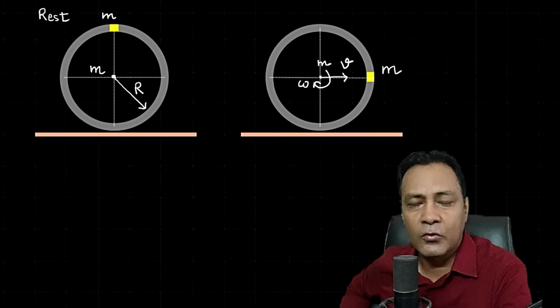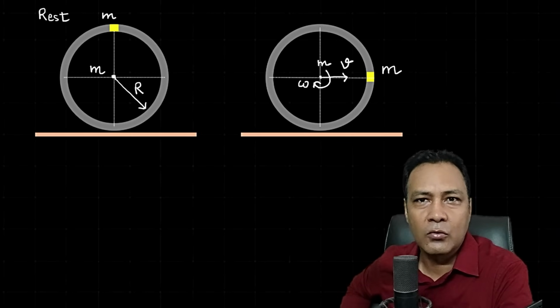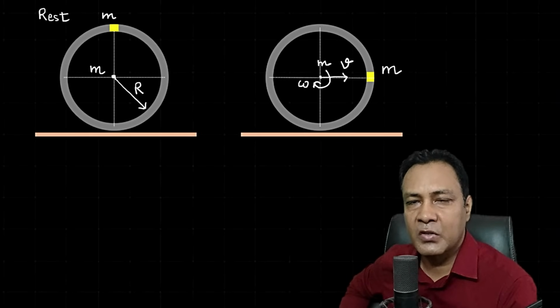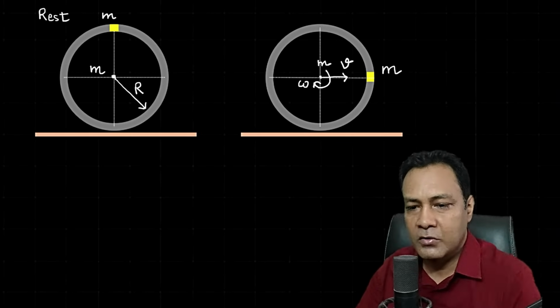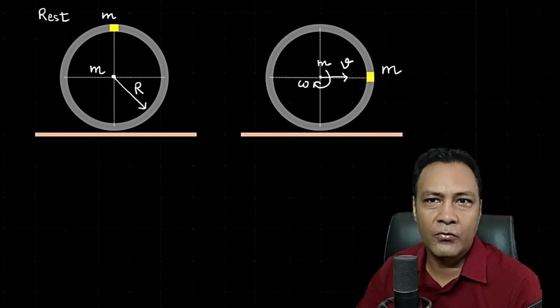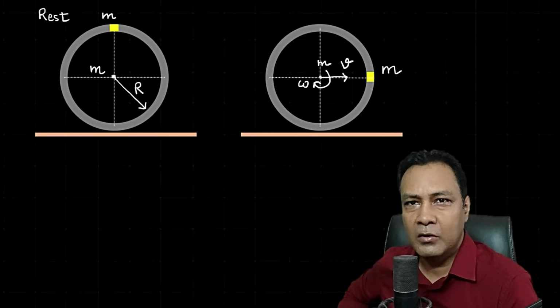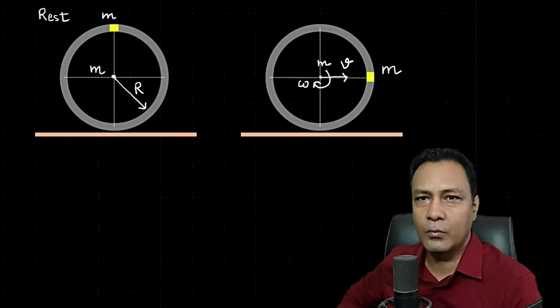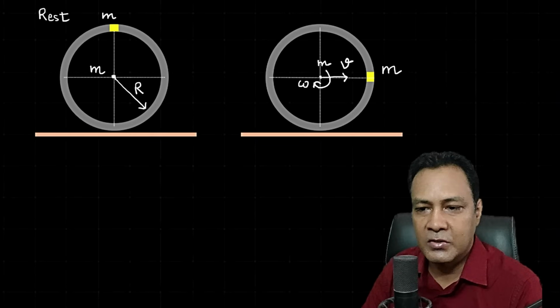The surface is sufficiently rough, no slipping, so the friction acting would be static friction. This surface is fixed, so the point of contact has 0 velocity, so friction work is 0. Of the other forces, mg is conservative and normal is not doing any work, so the mechanical energy of this system is conserved.